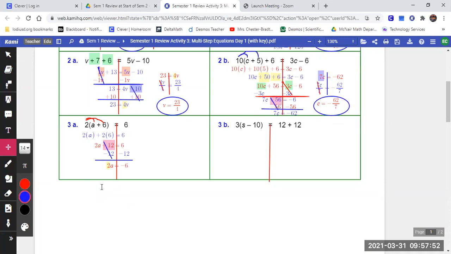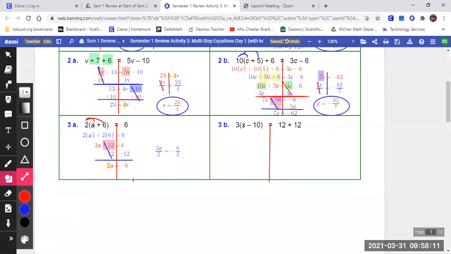Because that says multiply by 2. Divide both sides by 2. I'm going to move it up over here though. So 2a has to divide by 2. And it has to equal the negative 6 divided by 2. Because whatever we do on the left side, we have to do on the right side. That big 1's out that 2.